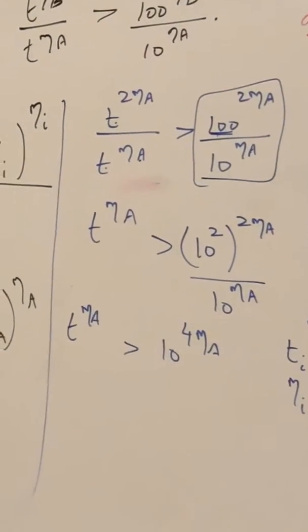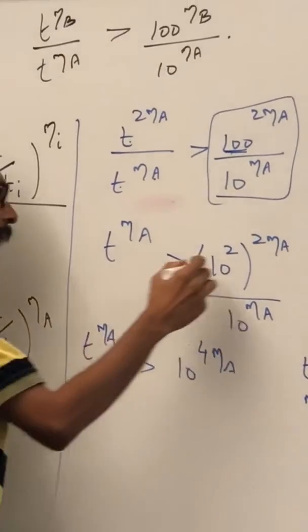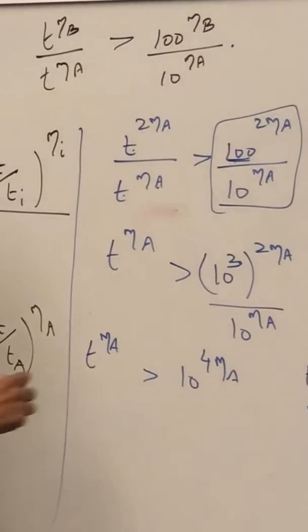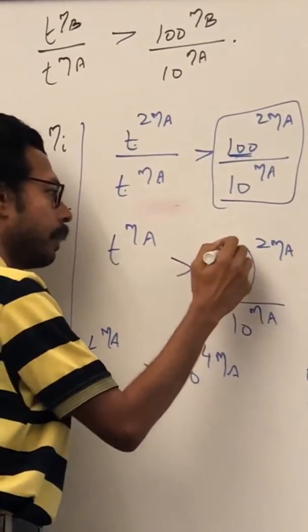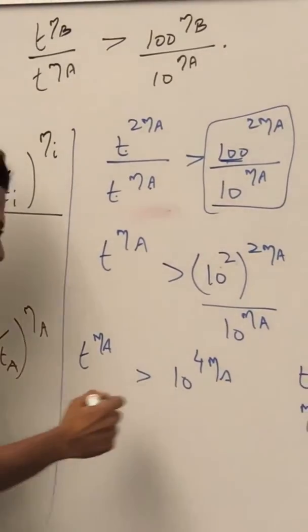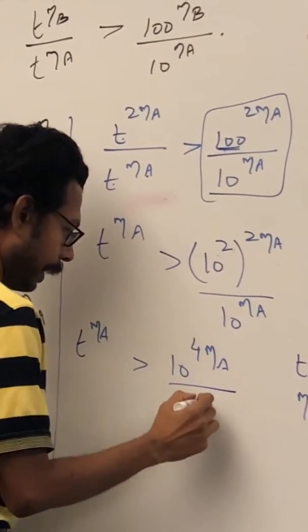Remember, it's multiplication, not addition. So if you have something like 10 cubed, it's going to be 3 times 2. So it's 10 squared raised to 2 eta A, divided by 10 raised to eta A.